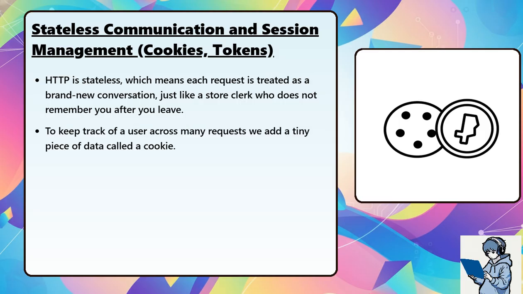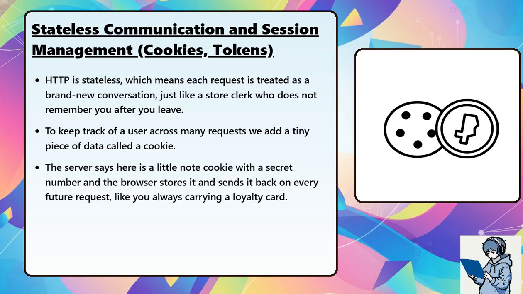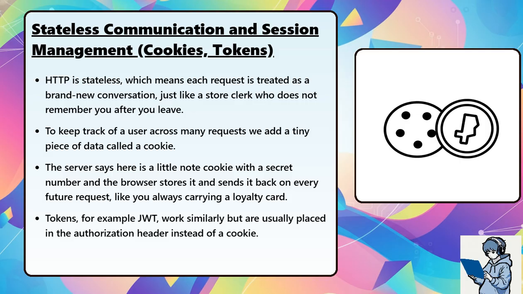To keep track of a user across many requests, we add a tiny piece of data called a cookie. The server says, "Here is a little note, a cookie with a secret number," and the browser stores it and sends it back on every future request, like you always carrying a loyalty card. Tokens, for example JWT, work similarly, but are usually placed in the Authorization header instead of a cookie.